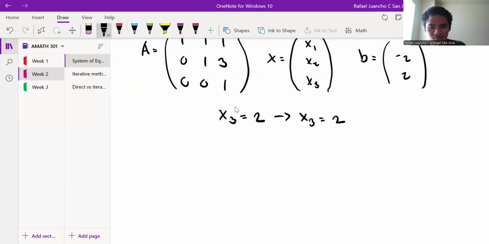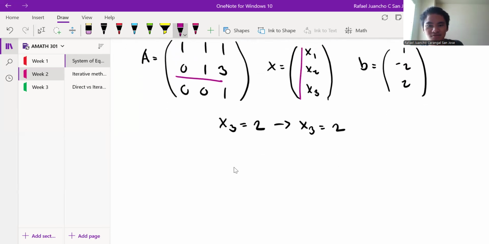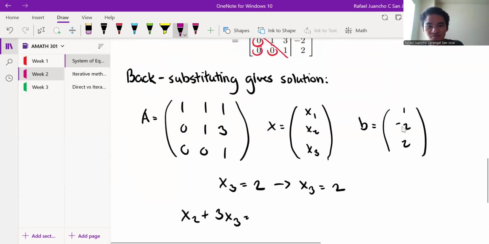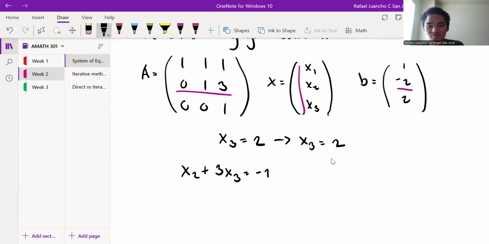So the next thing we do is we move up. We go here, then here. So here we have 0 times x1, 1 times x2 plus 3 times x3. So we actually have x2 plus 3x3, which is equal to my second one here, which is -2.